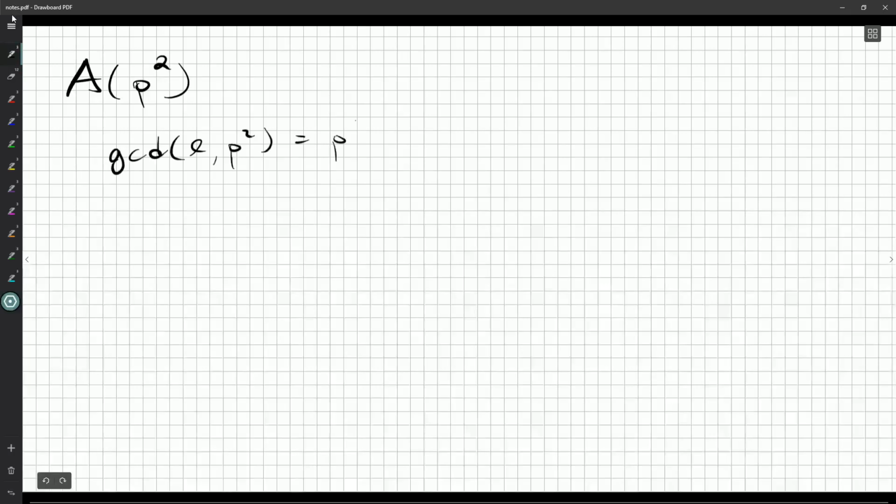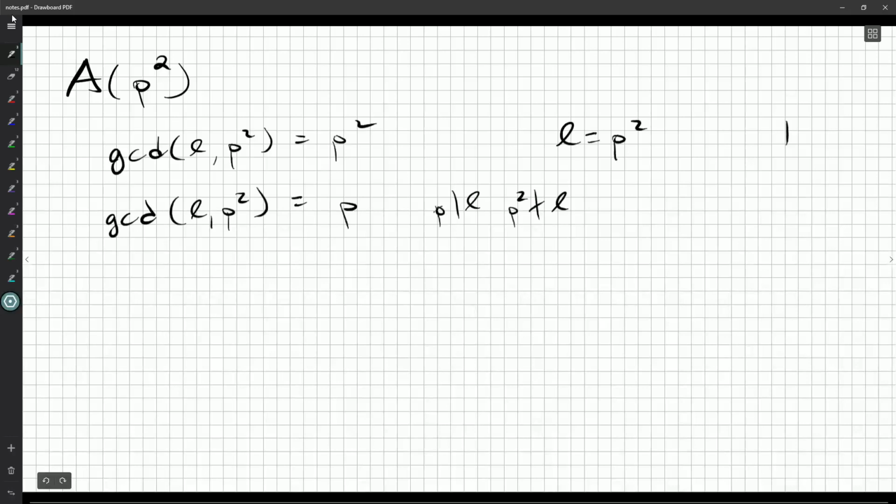You could either have a GCD of p squared, but then L has to be p squared, and that's only going to happen once. Or the GCD has to be a factor of p squared, so it could be p. But that means p divides L, but p squared does not divide L. Just like up here, it forced p squared to divide L, and that sort of forced L to be equal to p squared.